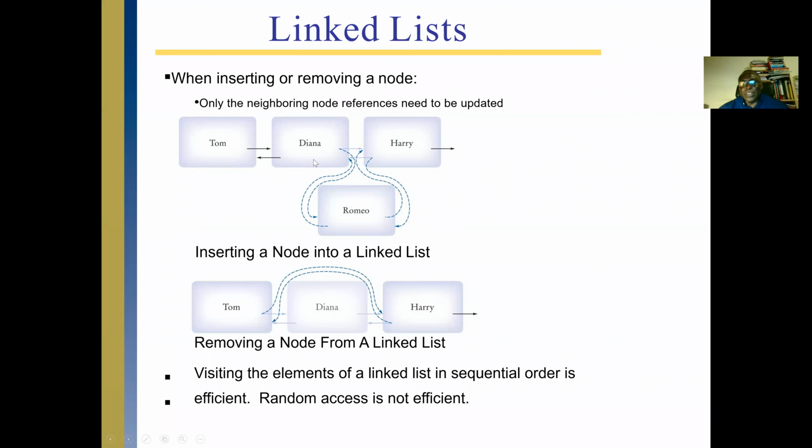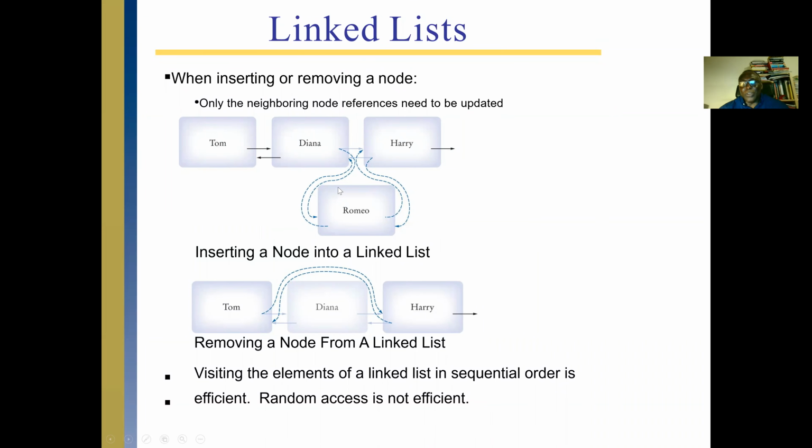So to insert an element or a node into a linked list, all we need is the pointer. Here we can see that previously Diana points to array. Now we want to insert a new node.